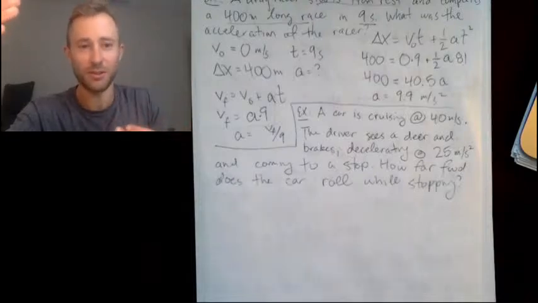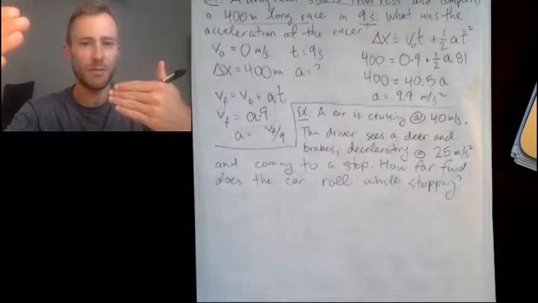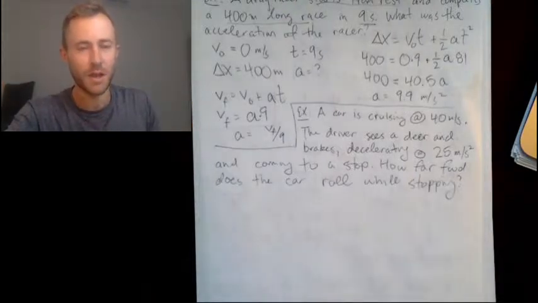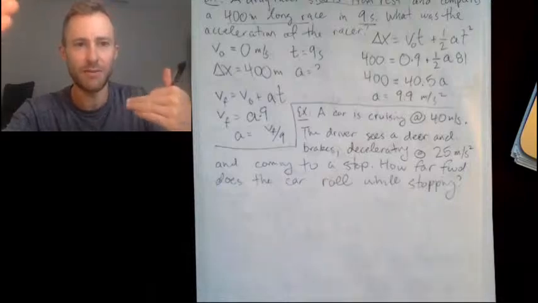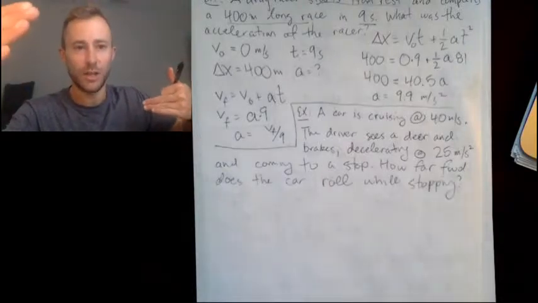Then you have to stop. You have to decelerate, and you don't just come to a stop immediately. You roll forward while you're decelerating, and so you need to have enough distance.